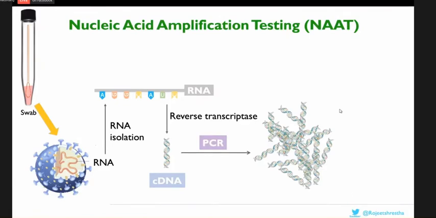The RNA is isolated from the samples and converted into its complementary DNA using reverse transcriptase enzyme, followed by its amplification by PCR into millions of copies for detection.